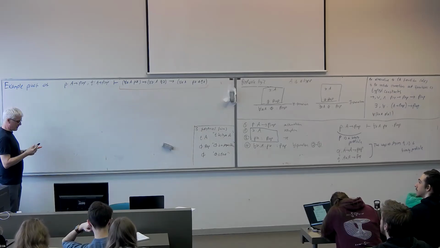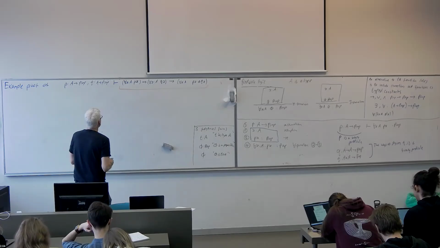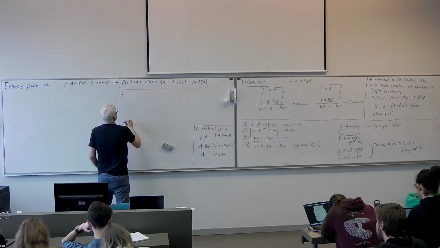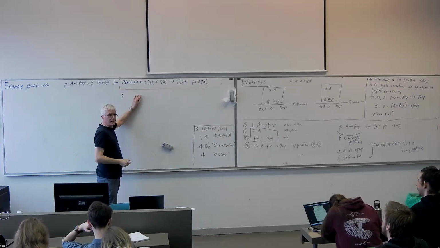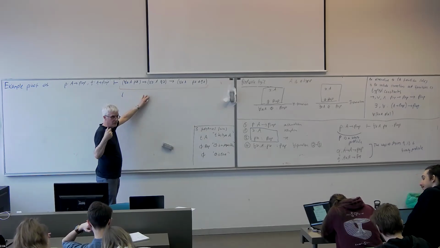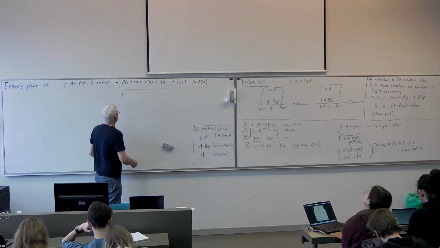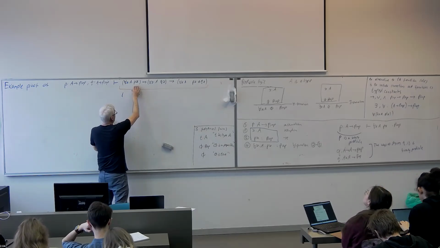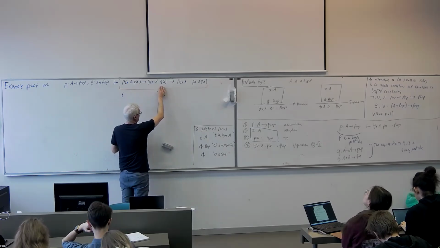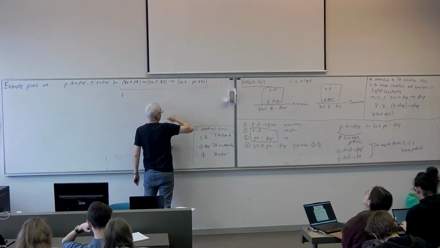But to prove it, I'm going to slightly change it. As I said, you can rename bound variables without changing the meaning of a formula. So here we're saying if P holds for all x in A, and Q holds for all x in A, then P and Q holds for all x in A.